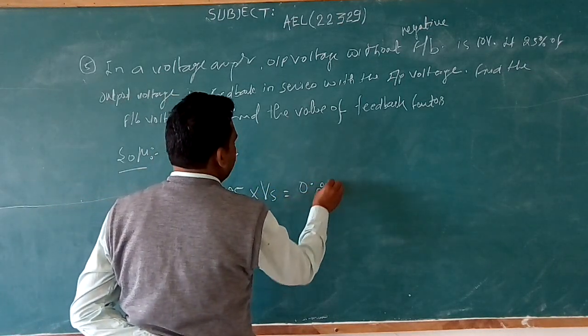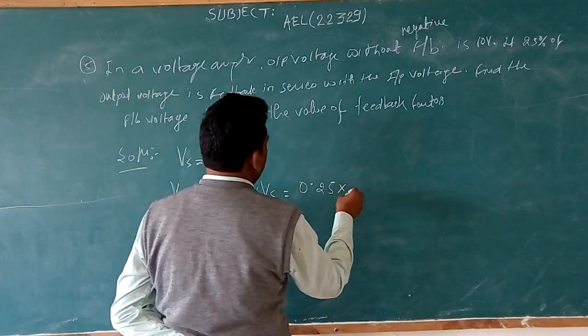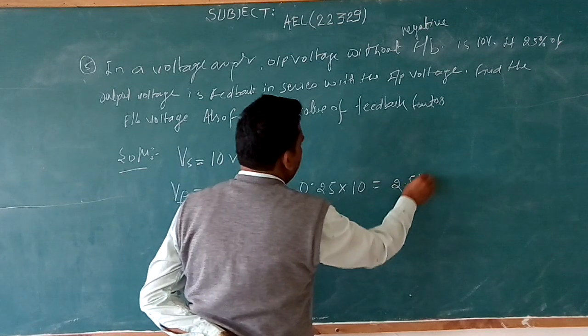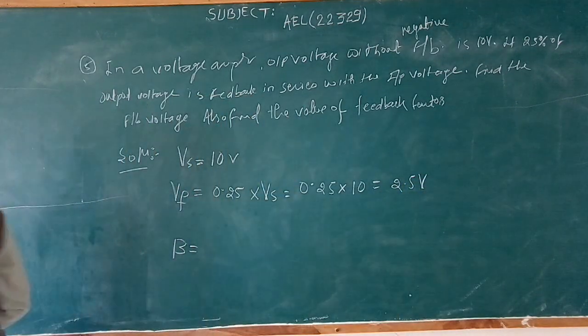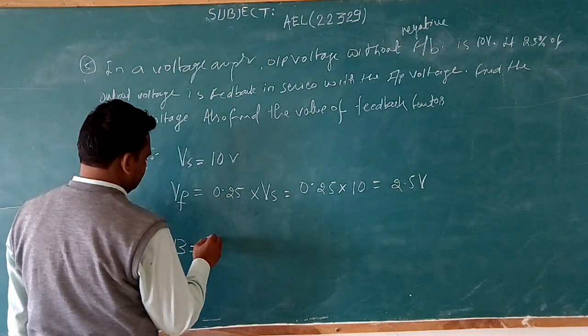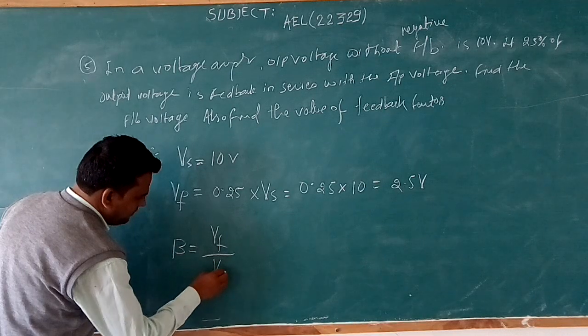So 0.25 multiplied by 10 equals 2.5 volt. Then the feedback factor beta is given by Vf by V0.